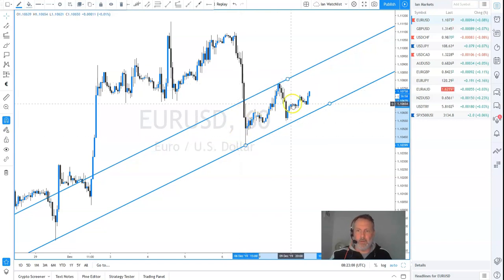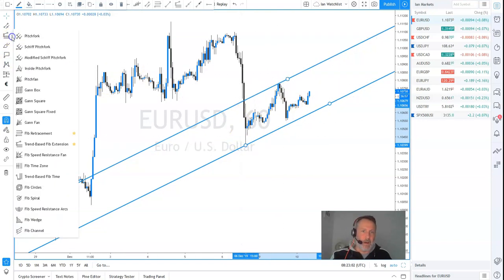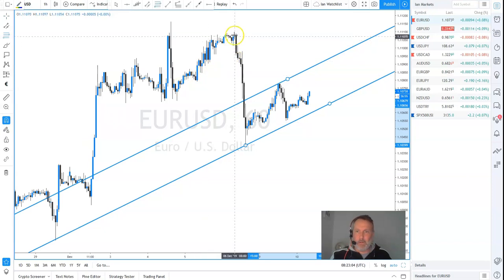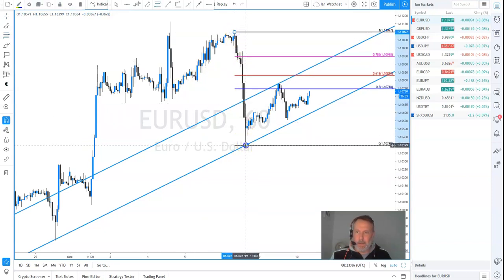So at the moment it just looks like a channel formation. I think really euro dollar you can play it either way. There's some decent resistance up around here if you're looking to sell into rallies for that corrective move lower, but you have to remind yourself, I believe, that it is corrective, and I think the long-term bias is still to the upside.